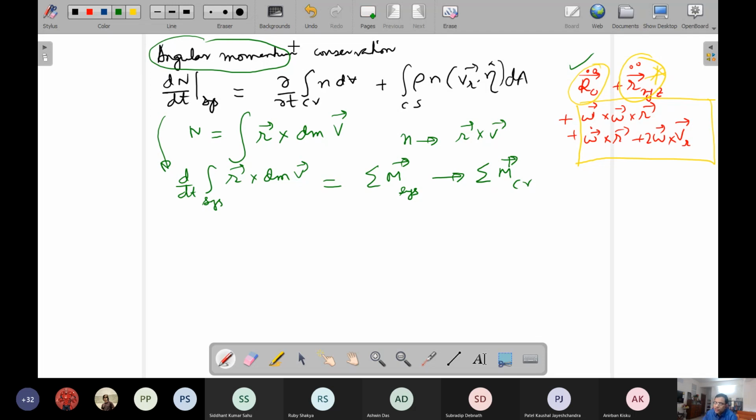Now the next question is, how do you write it for accelerating control volume? So the accelerating control volume will have a correction term.